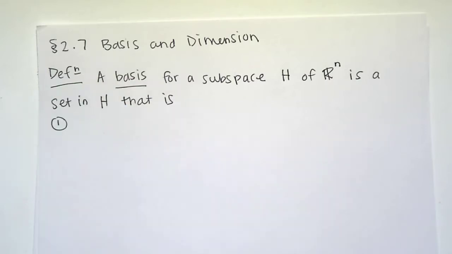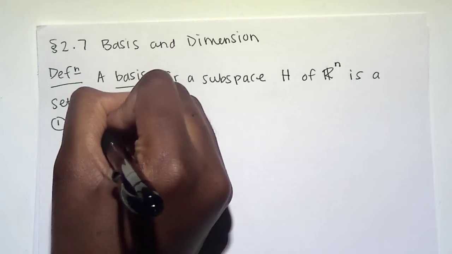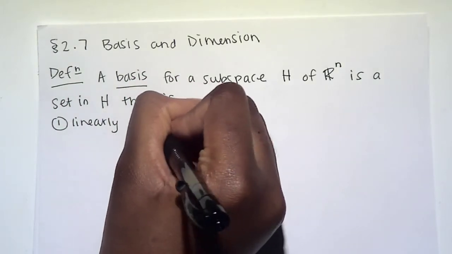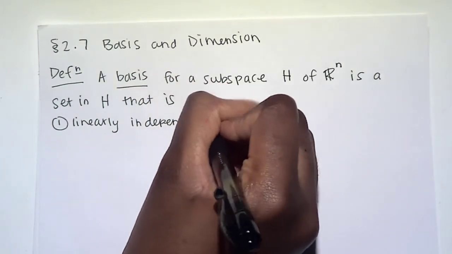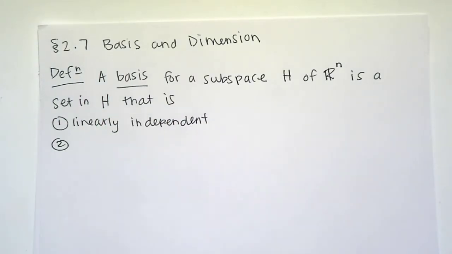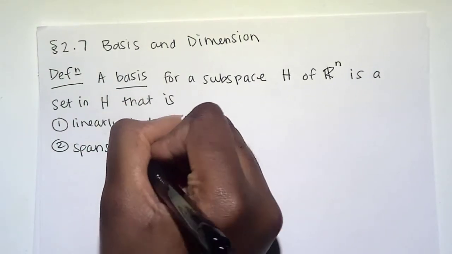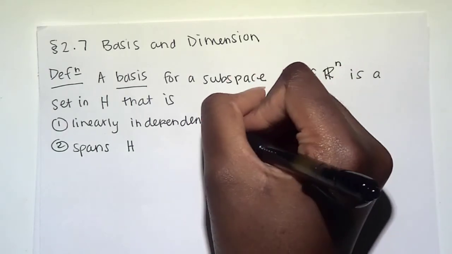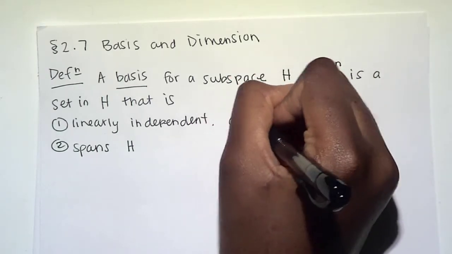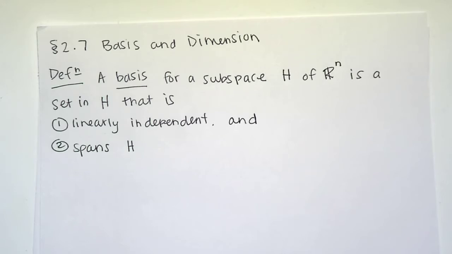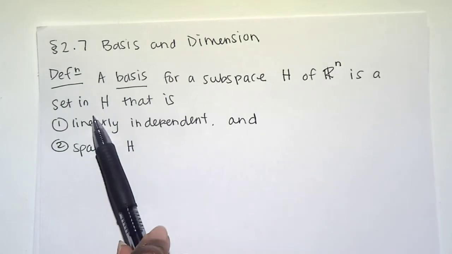Number one, linearly independent, and number two, spans H. So I'll say and. All right, so a basis for a subspace of H is a set in H.